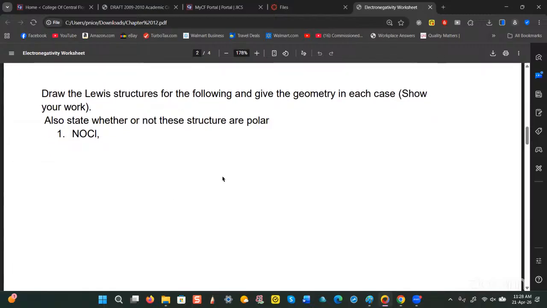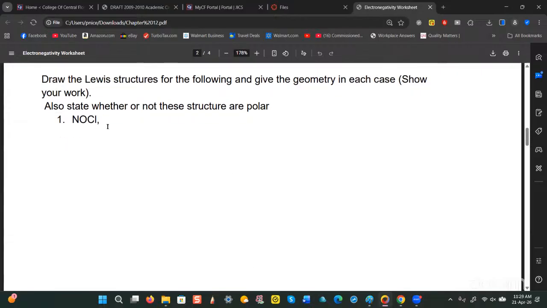Now I'm trying to remember, did we get into a discussion of drawing Lewis structures? I think we did some from the PowerPoints. Oh, yes. Right, okay. So basically it's the same steps that you're going to follow in order to answer these questions. So let's start off by looking at the first one.